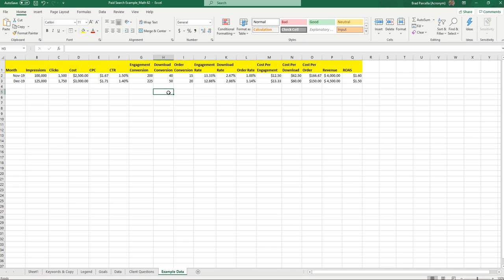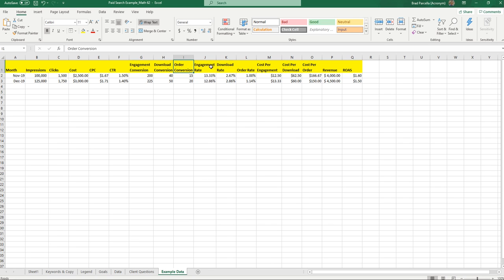Now, this is somebody who, again, might not have converted in terms of buying something, but they are even more interested in the content than somebody who has just engaged with the site for more than 2 minutes. So they're interested in the content, they've downloaded what you have. It might be a white paper, it might be a spec sheet for a particular product, like with details. So this mid-level funnel is potentially more important to a client than the engagement conversion.